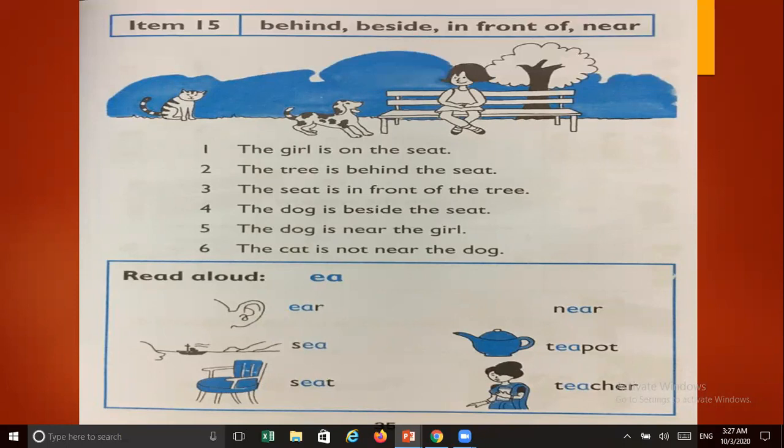Number 3, the seat. The seat is in front of the tree. The tree is behind the seat, but the seat is in front of the tree.